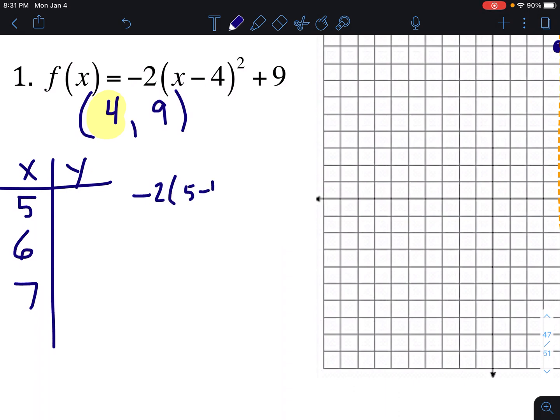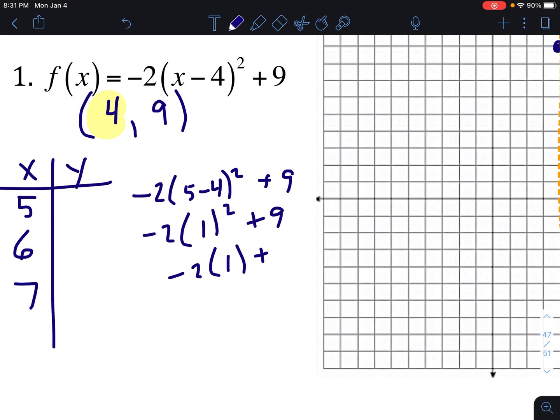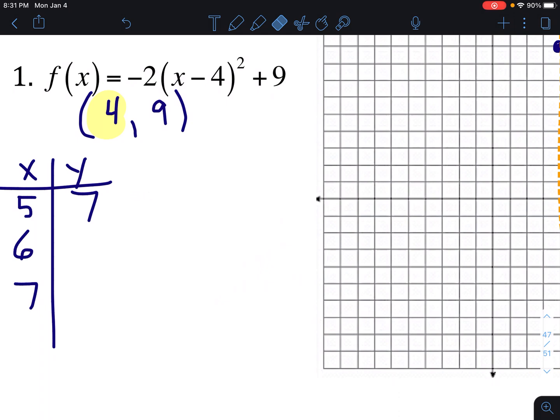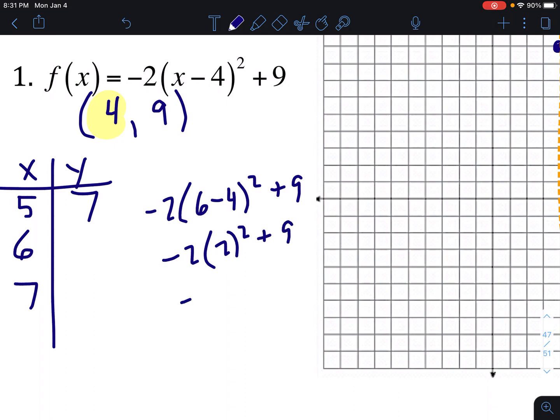So the 5 goes in for the x in the formula. I'm using order of operations here. So that's 7. Do the same work with 6, to get 1.